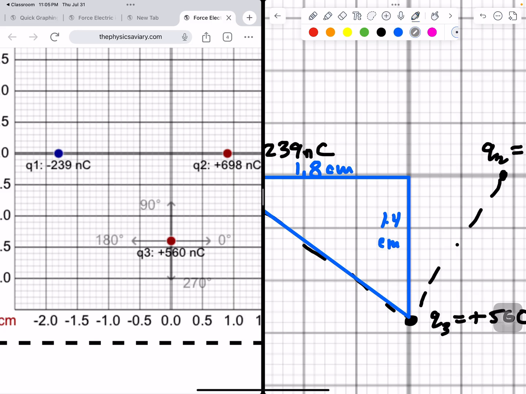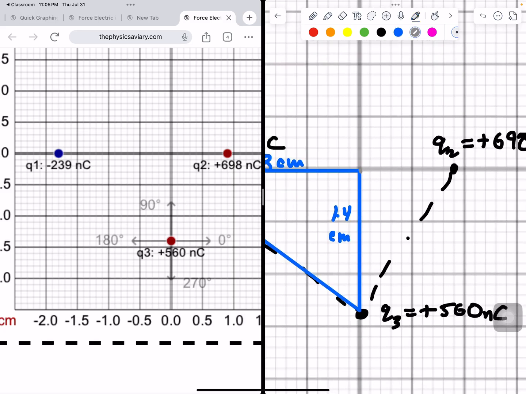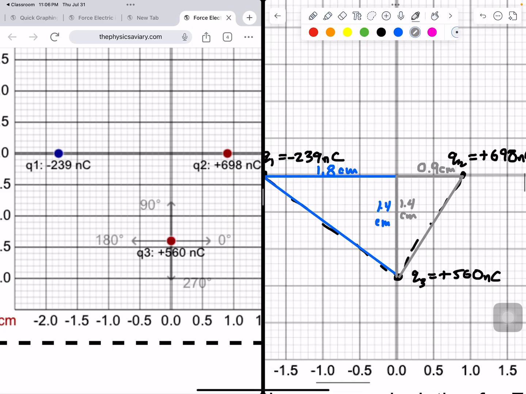Okay. And I'm going to make a gray triangle over here to represent this pair of charges. This one would be 0.9 centimeters, and this is still 1.4 centimeters. Okay, so I'm going to quickly use the Pythagorean theorem to find the distance between.